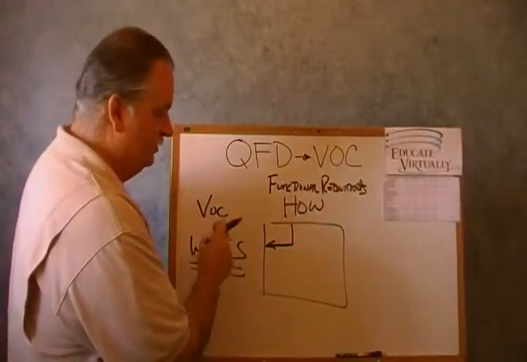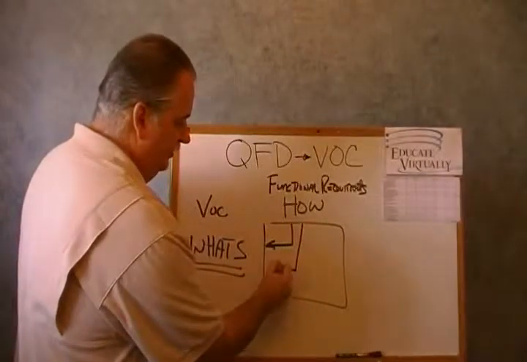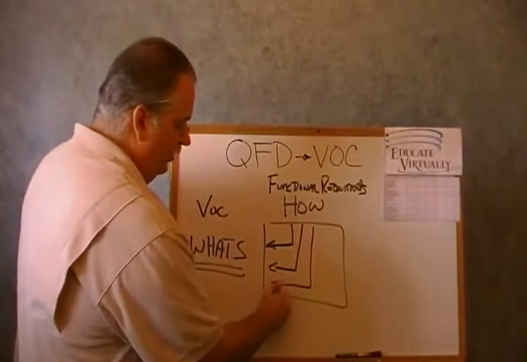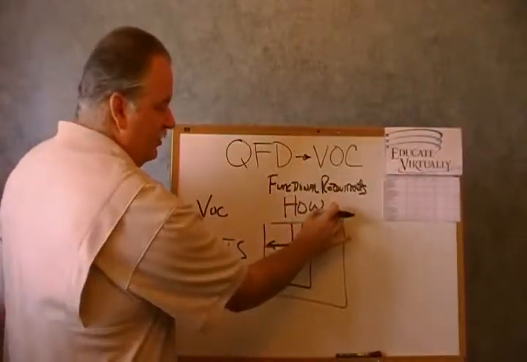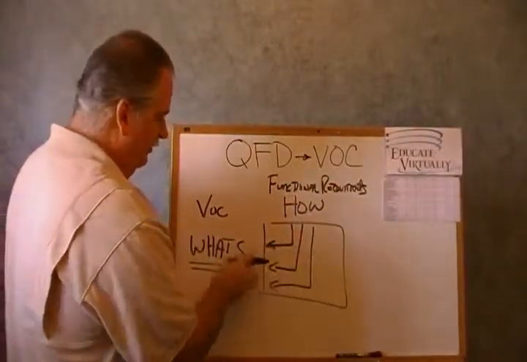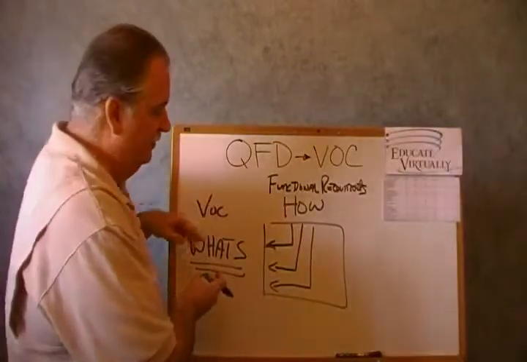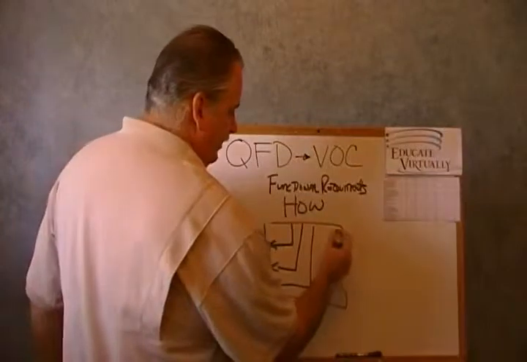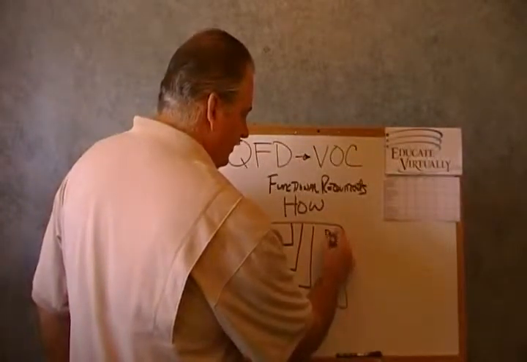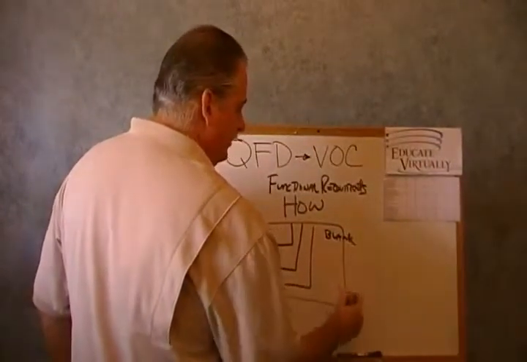So to get to that, we're going to take a look at comparing these requirements against their impact on the voice of the customer requirements, the what's. So we'll take a look at these relationships, and we always go from the hows to the what's, from the hows to the what's. This functional requirement has what influence on this voice of the customer. And these can be scored with, we can have a blank, which means there's no relationship.